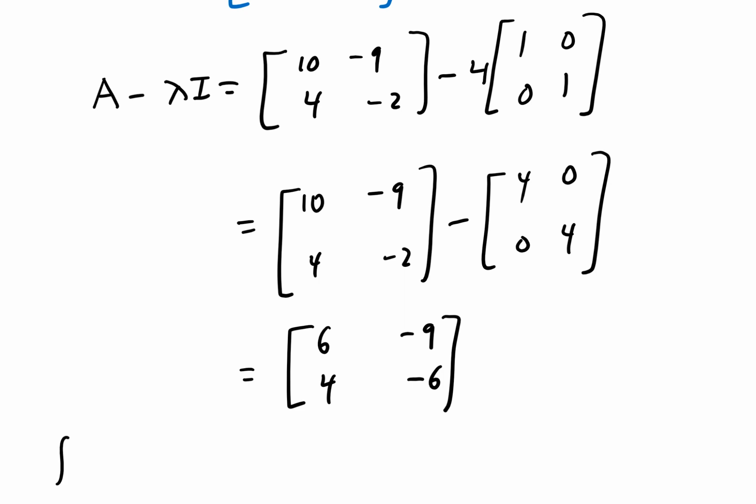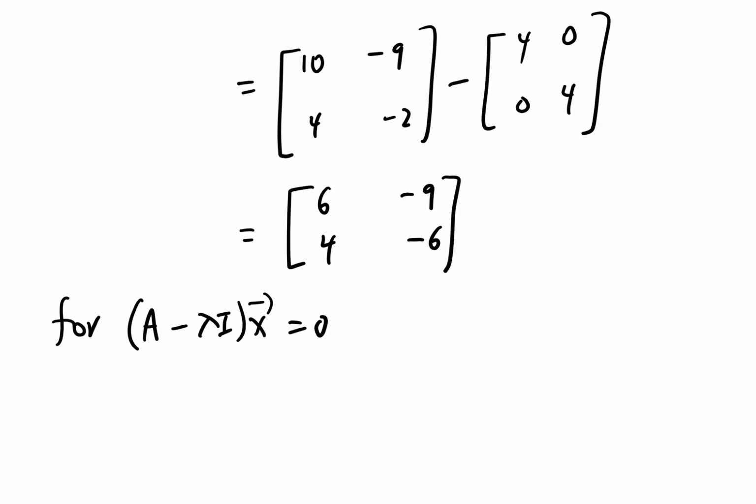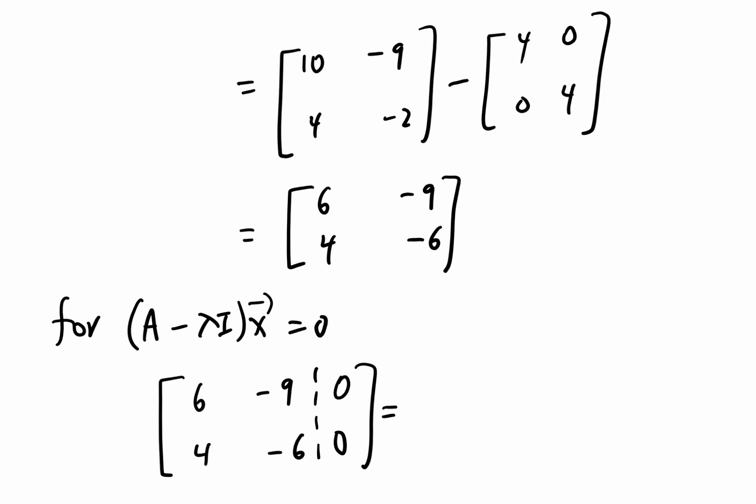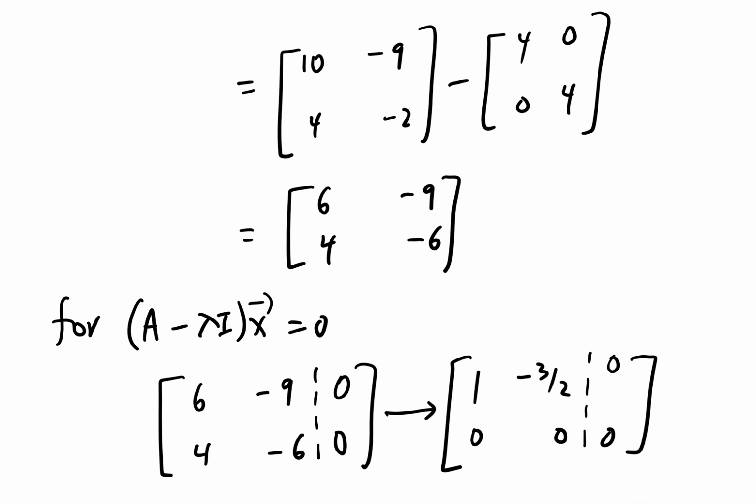So we take A minus lambda I times x equals 0, and this would be 6, 4, negative 9, negative 6, with 0, 0 on the right. We're going to write this in echelon form, and I'm sure everyone can do the echelon form for this. When I did the echelon form, I got 1, negative 3 halves, and the second row is all zeros.